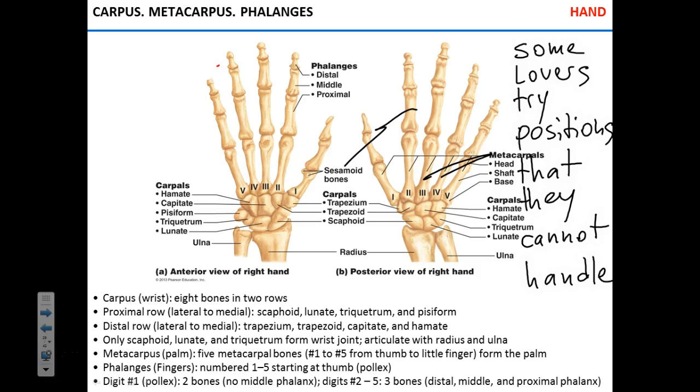Okay? Now if you look at capitatum, capitatum is located right next to the third metacarpal. If you look at the capitatum in the model of the wrist, you will see that it looks a lot like a Darth Vader helmet.